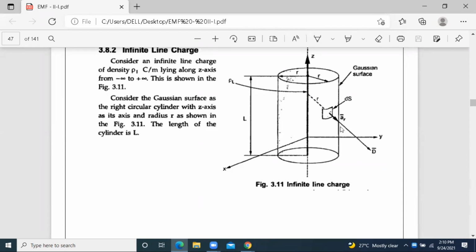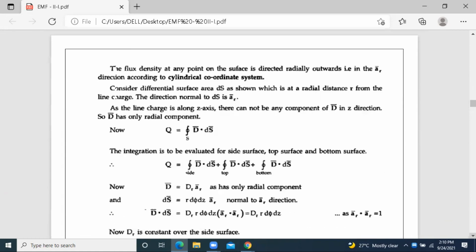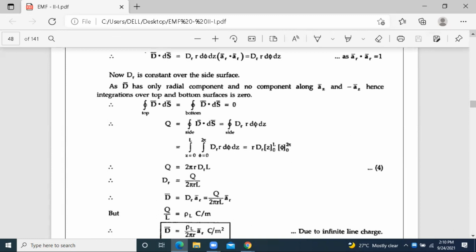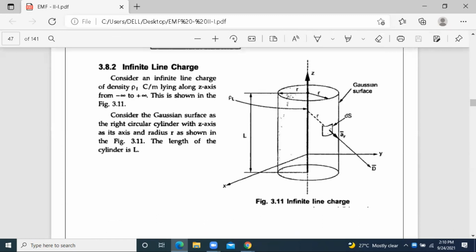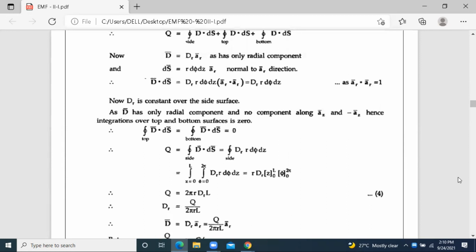So this is your D. Your D is in the R direction.